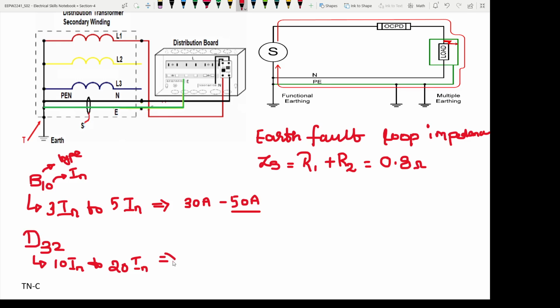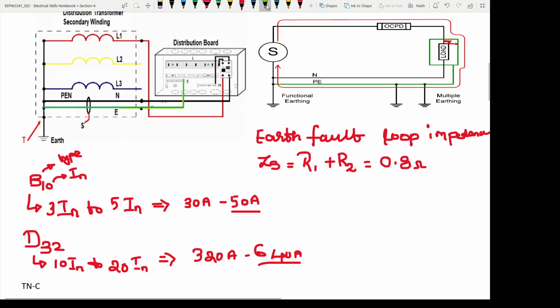If you substitute the value, we get 320 amperes to 640 amperes. So this is my fault trip range. The instantaneous trip current for this D32 type MCB is 640.